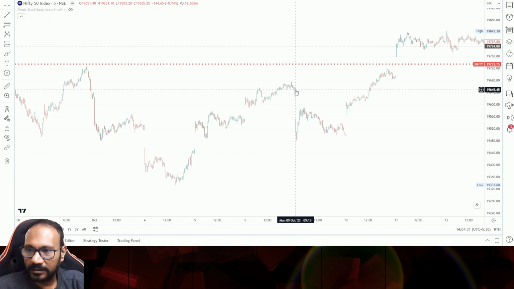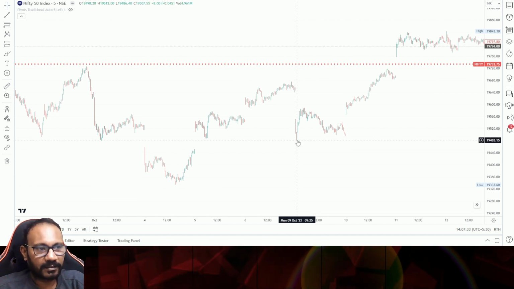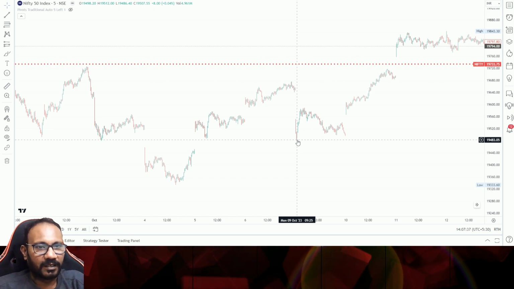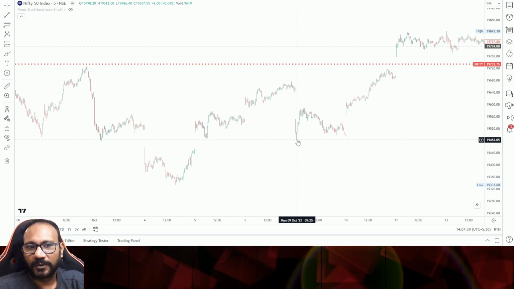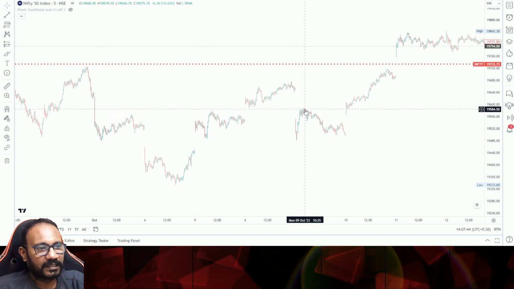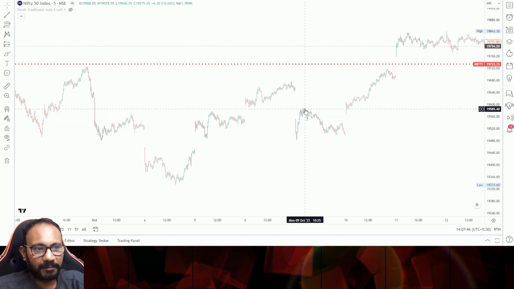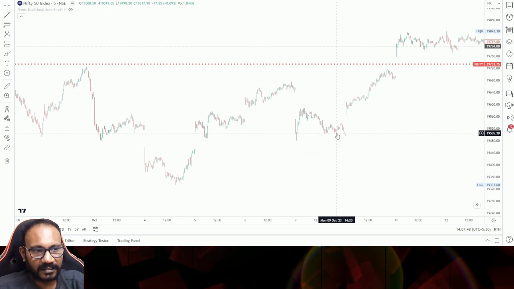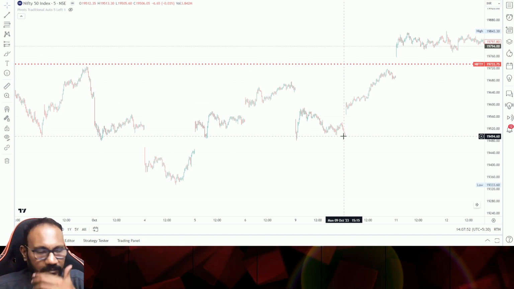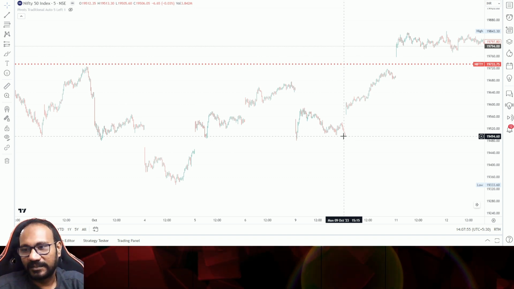When it opened, the immediate reaction was, no, it's such bad news. It fell pretty much, close to 200 points, and then it quickly bounced back. But at the same time, towards the end of the day, it closed towards the low. Now this is perceived impact.